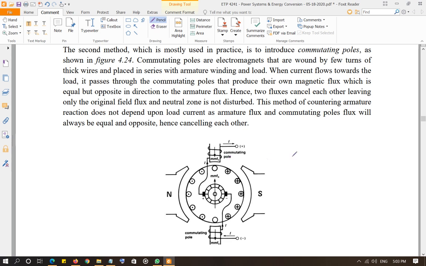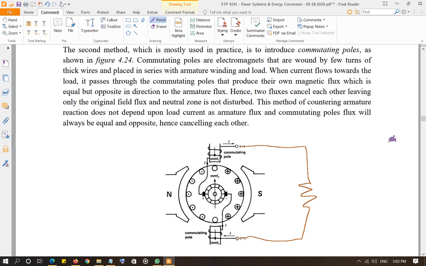What is a commutating pole? Basically, it is an electromagnet which is connected in series with the armature winding, and then it will be connected to your load right here.